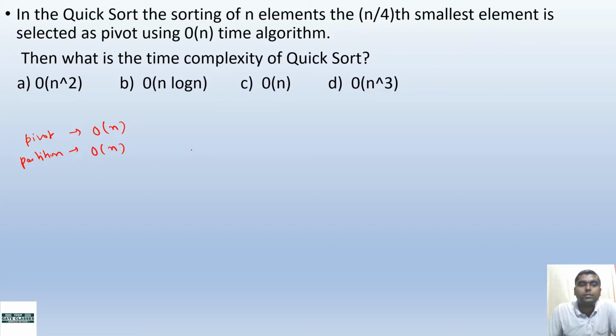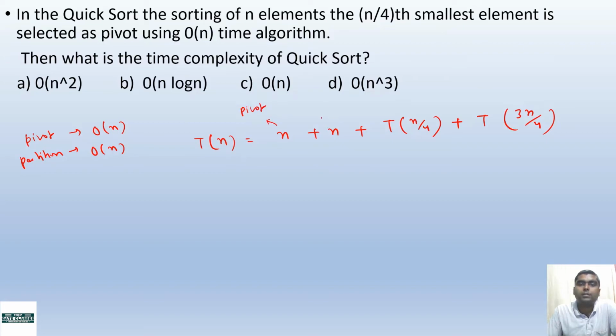Okay, so what will be the recurrence relation for that? Recurrence relation will be n plus n plus T of n by 4 plus T of 3n by 4. I hope that this is clear to you. So this is for what?